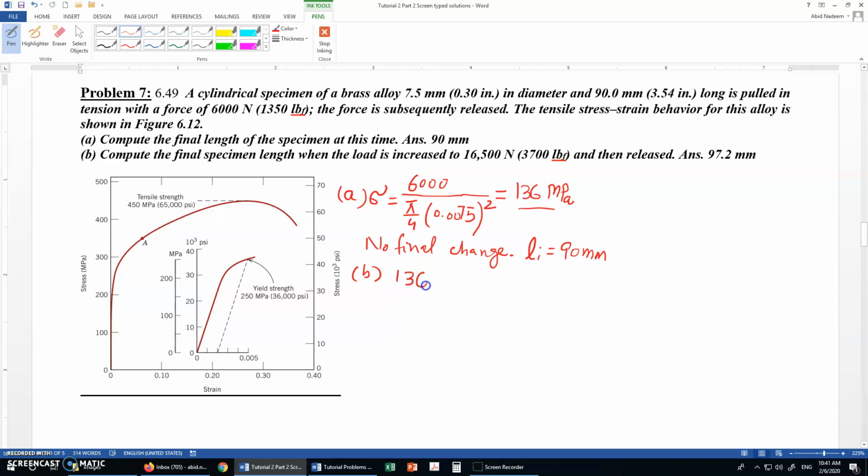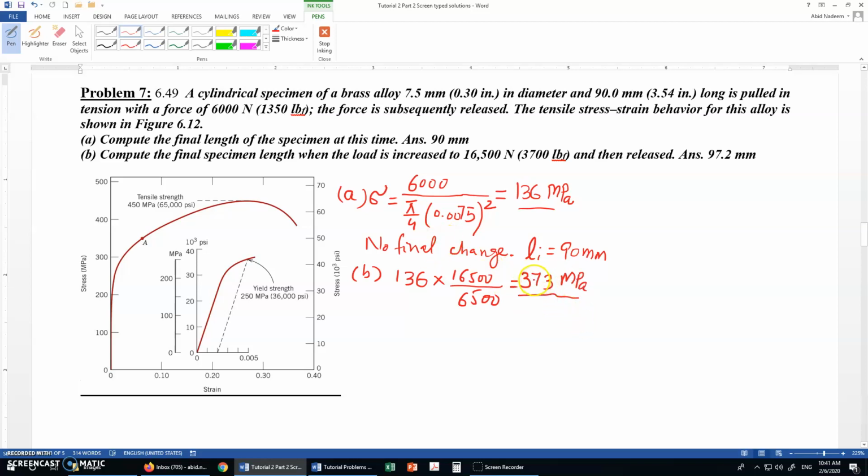If it is 136 megapascal when the load was 6000, and the current load is now 16,500, you take a proportion of that. In this case it is more than double: 373 megapascal. So the stress has been appreciably increased.